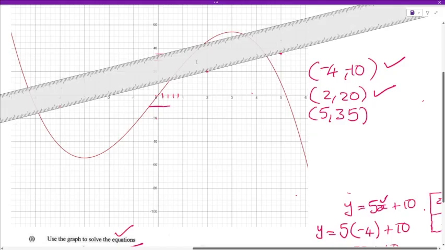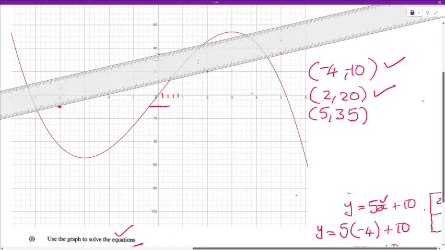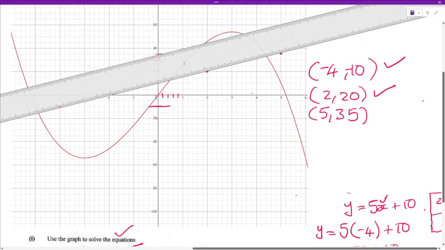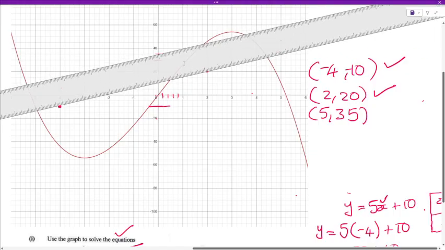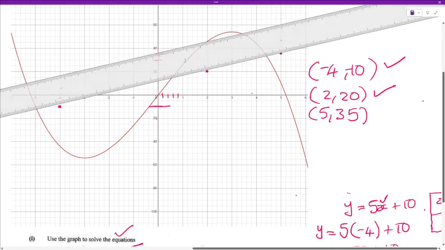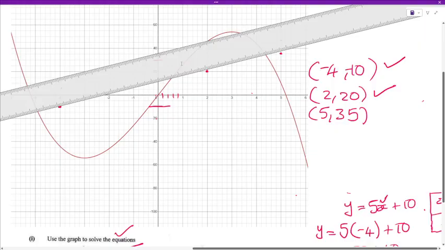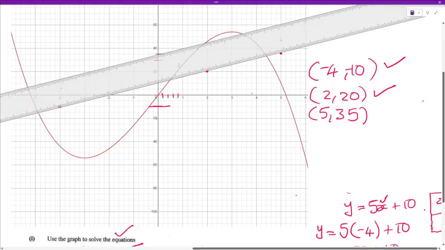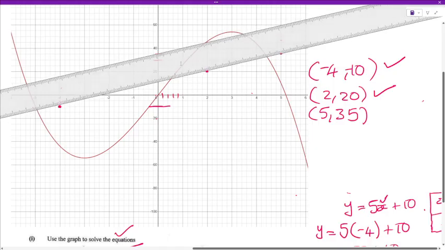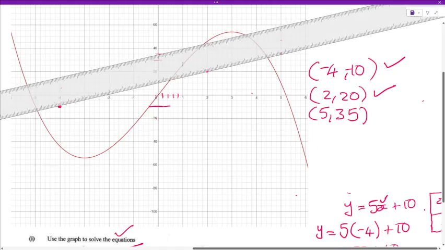I can't smoothly move my ruler. I don't know why. Let me try to hold down a key. I can't smoothly move it so that these points are in an exact straight line. It's skipping one point, which is now making me miss another point.